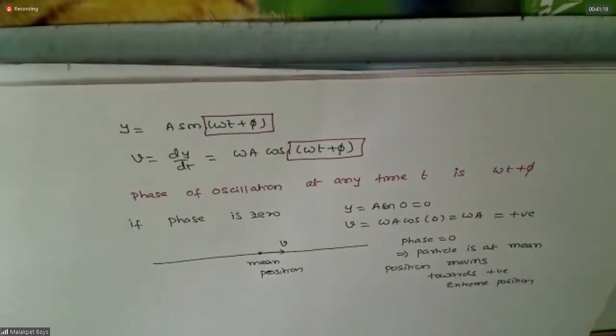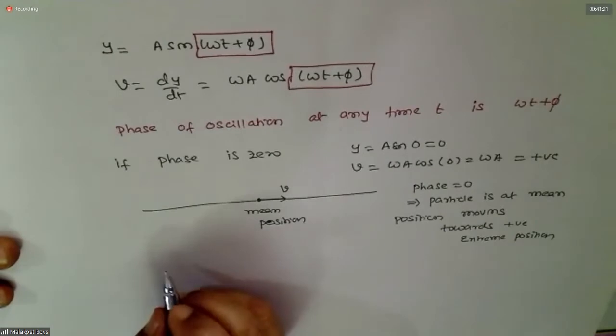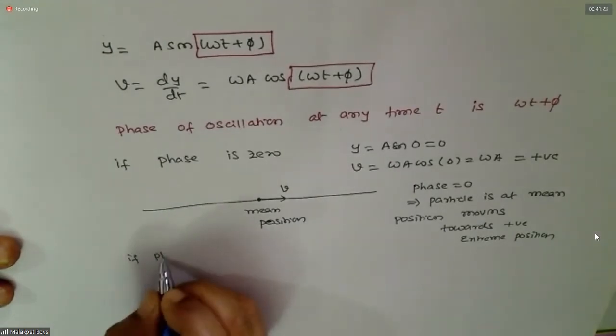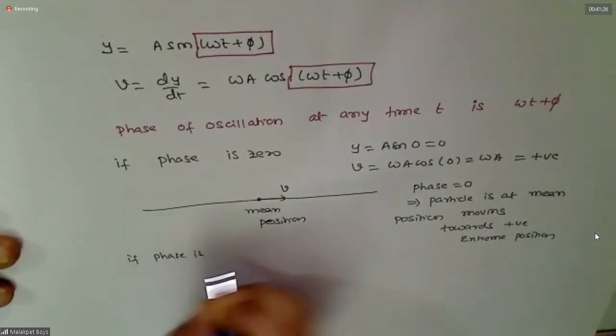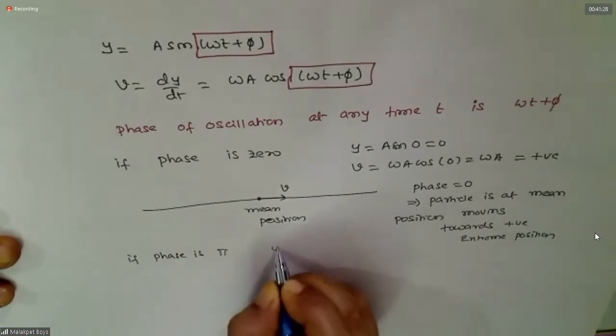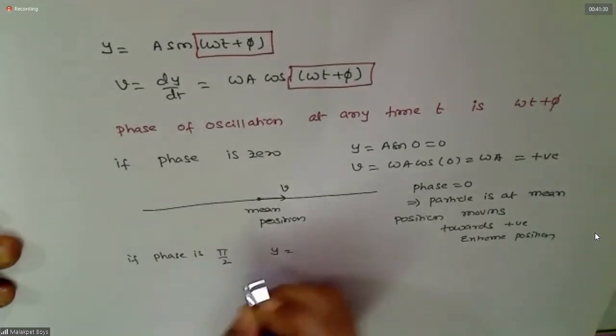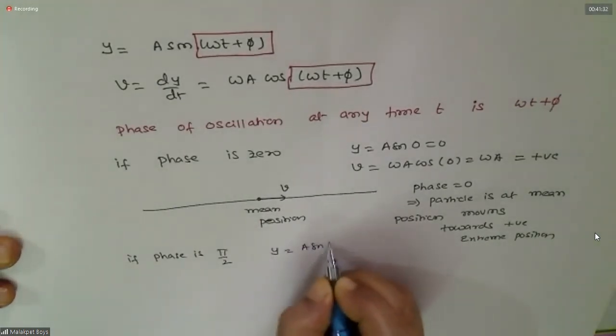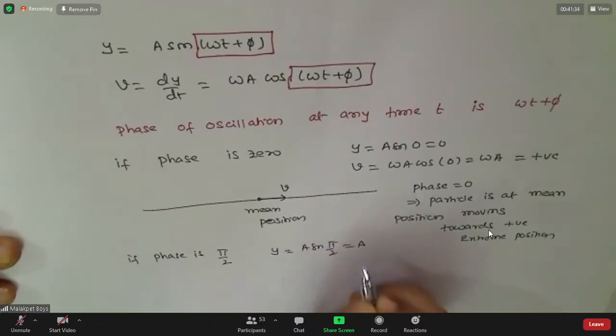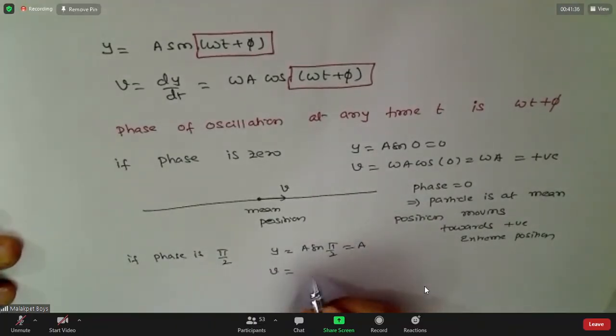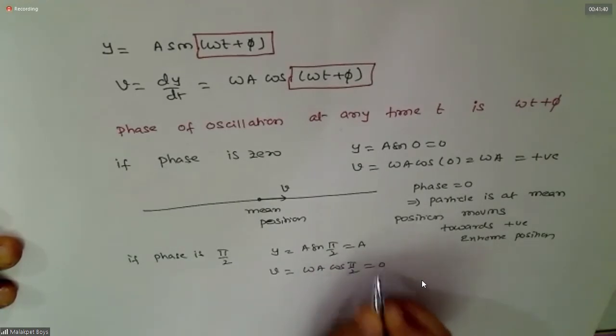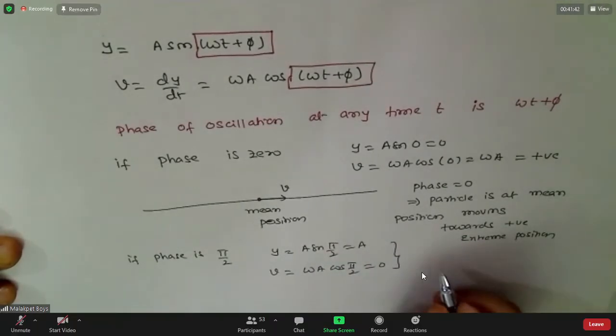So understood this? Suppose the phase is pi by 2, then what is y? A sin pi by 2, that is A. What is the velocity? Omega A cos pi by 2, that is 0. What is the meaning of that?